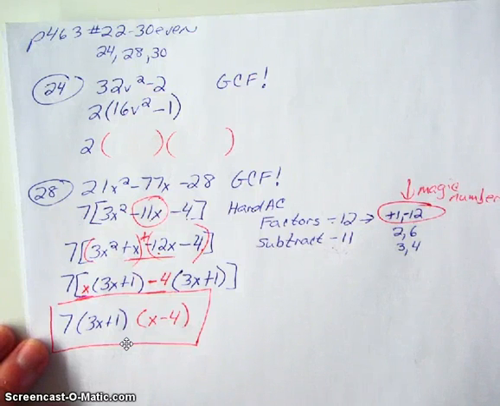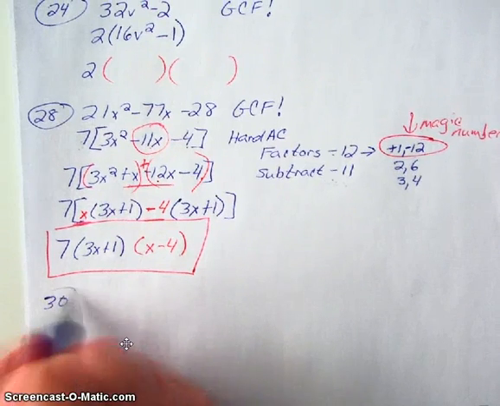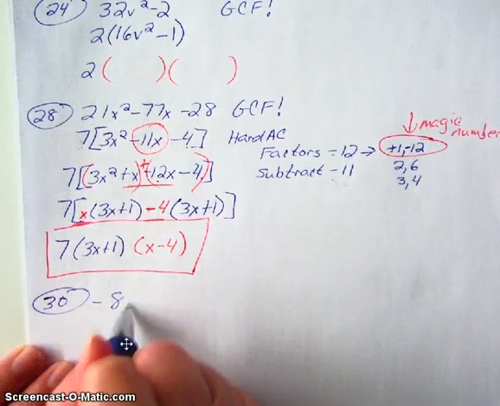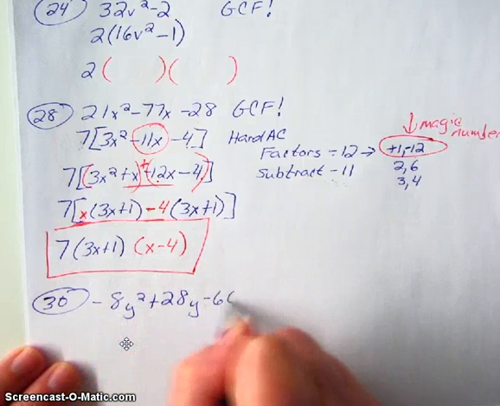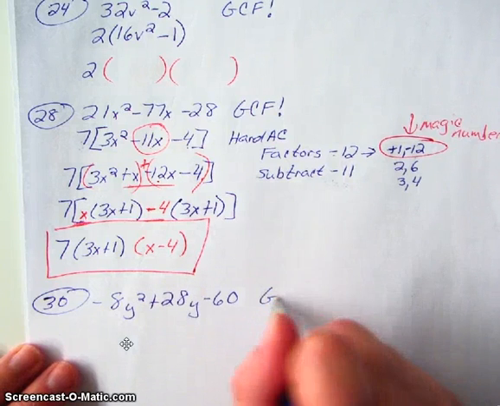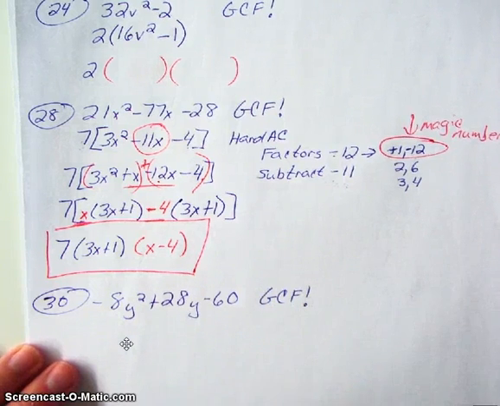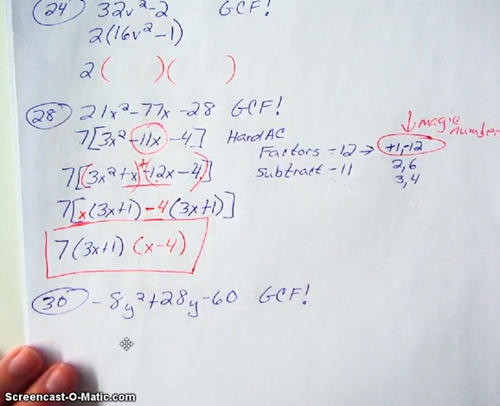All right, problem number 30. Negative 8y to the second plus 28y minus 60. Okay, always GCF first. Anytime the first term of a polynomial is negative, the GCF is negative.